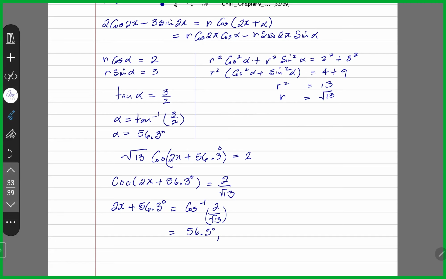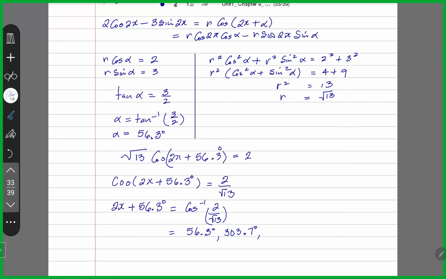Cos is also positive in the fourth quadrant. So the answer in the fourth quadrant would be 360 minus 56.3 degrees, which is 303.7 degrees.